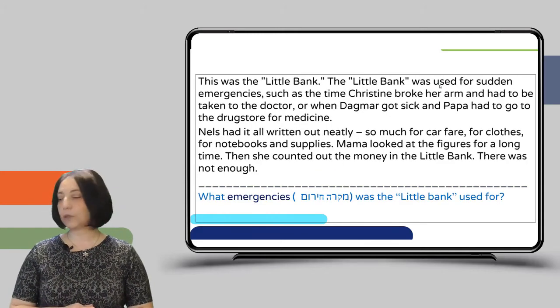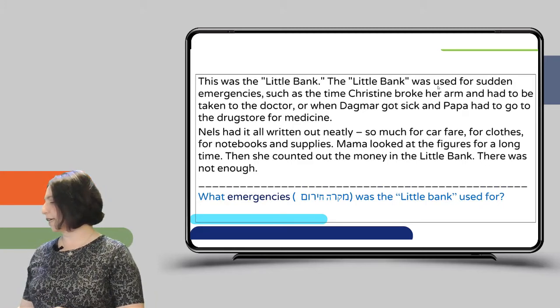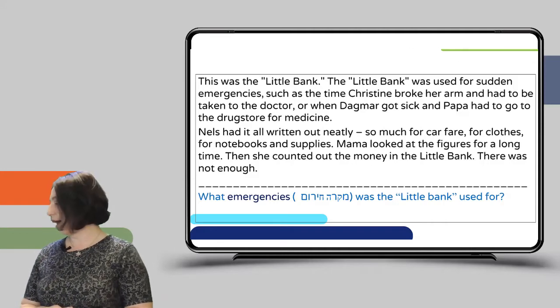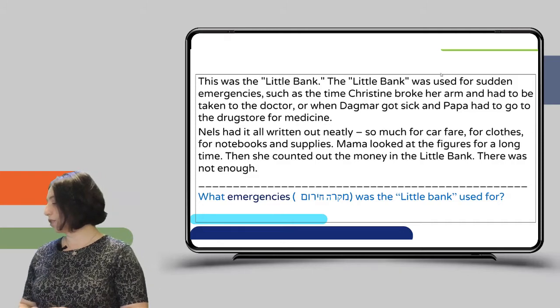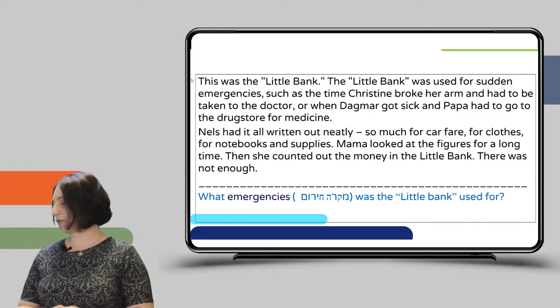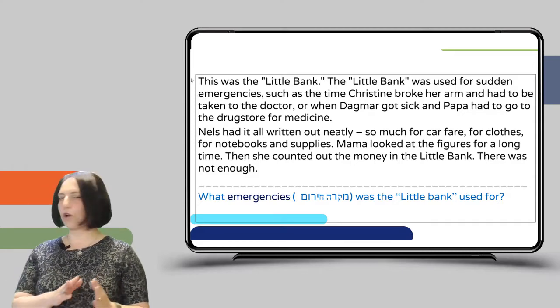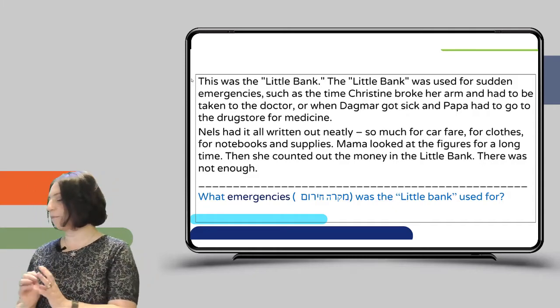This was the little bank. The little bank was used for sudden emergencies, such as the time Christine broke her arm and had to be taken to the doctor, or when Dagmar got sick and Papa had to go to the drugstore for medicine. Nels had it all written out neatly. So much for car fare, for clothes, for notebooks and supplies.